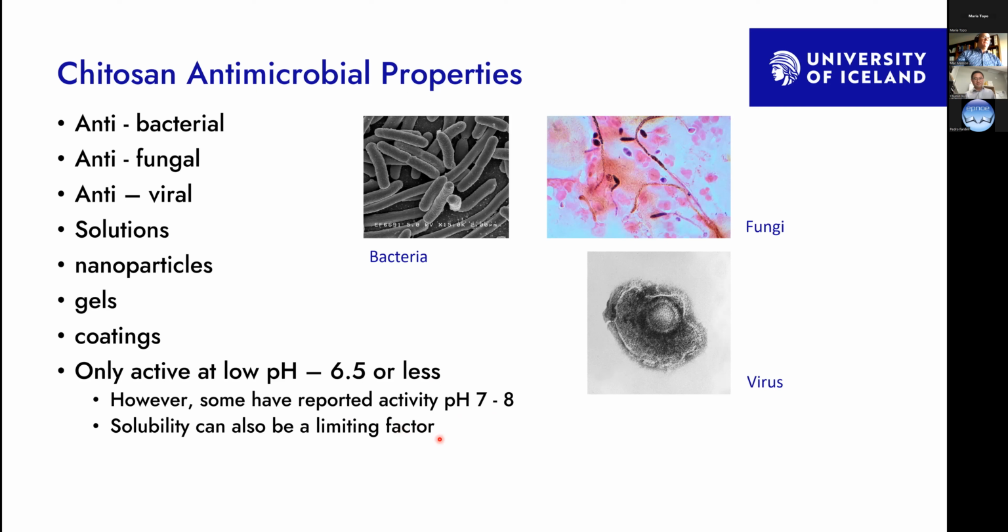The problem is maybe more with solubility, so it's sometimes difficult to interpret the results because it's difficult to get the material in solution at the higher pH. But most investigations with chitosans are done at pH below 6.5 and not at 7.